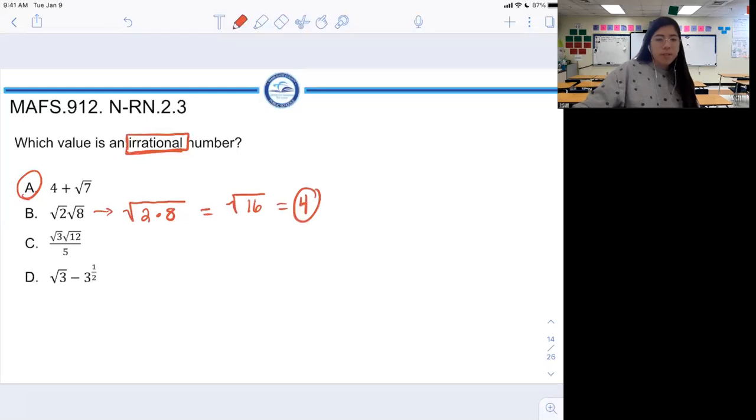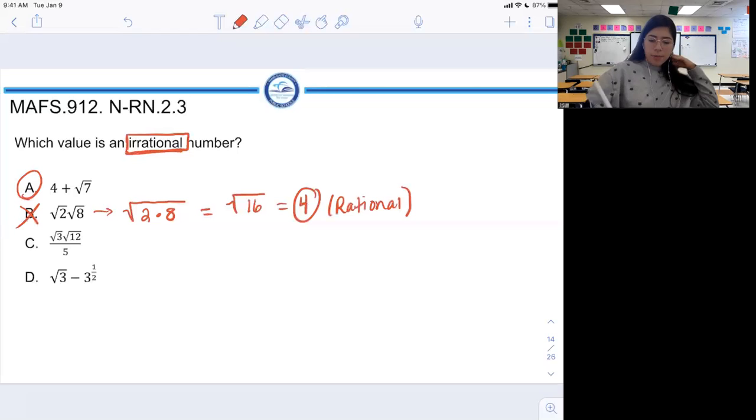Daniel, only say the answer if it's right. So is that rational or irrational? Is 4 a rational number or an irrational number? Good, literally rational.